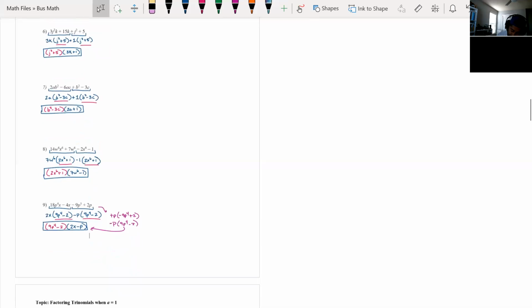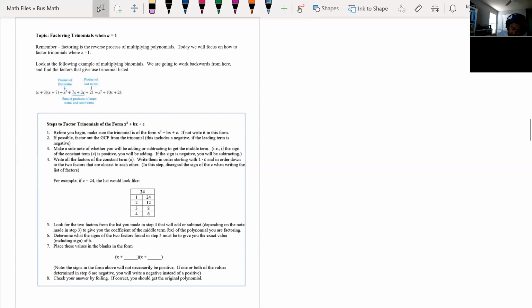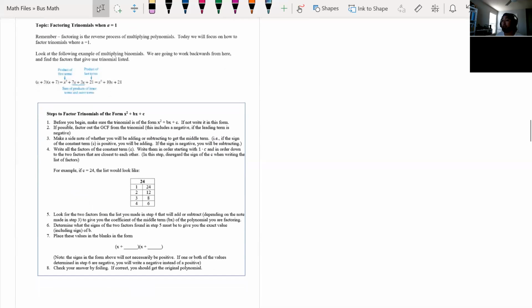Okay. All right. Next up is factoring trinomials when the leading coefficient is 1. Since we're covering a lot of content, let's take a small 3-minute break. I'm going to refill my water bottle and let's get back at it.